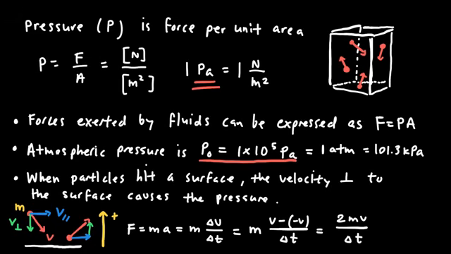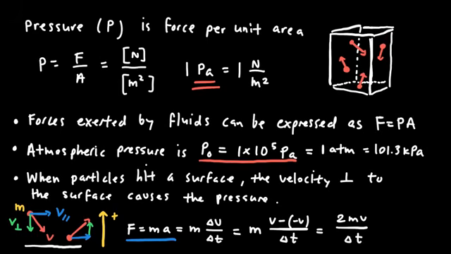And that's why the direction of the perpendicular velocity changes for the particle. And so we could express the force that the particle exerts on the wall and the force that the wall exerts on the particle using Newton's second law. And so F equals ma, and the acceleration could be rewritten as a change in velocity over a change in time.